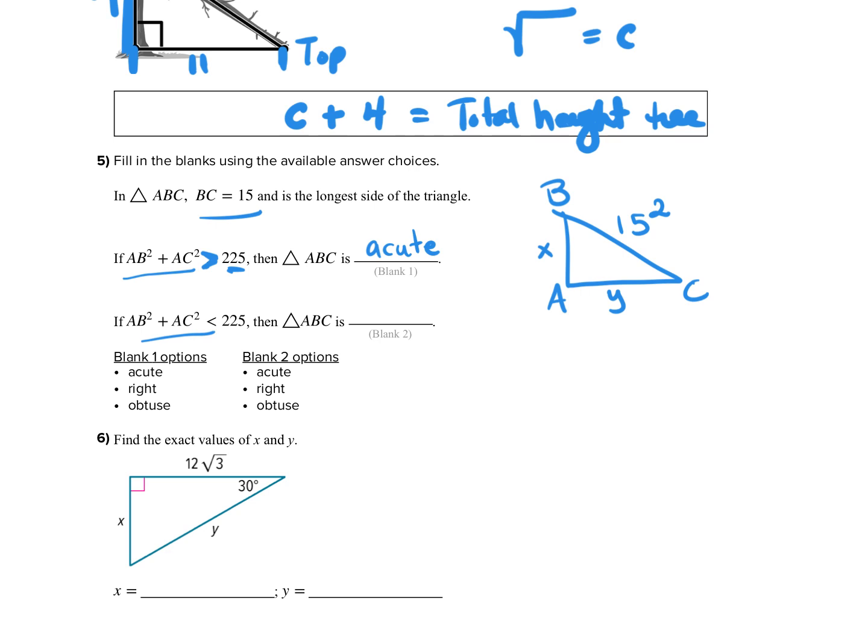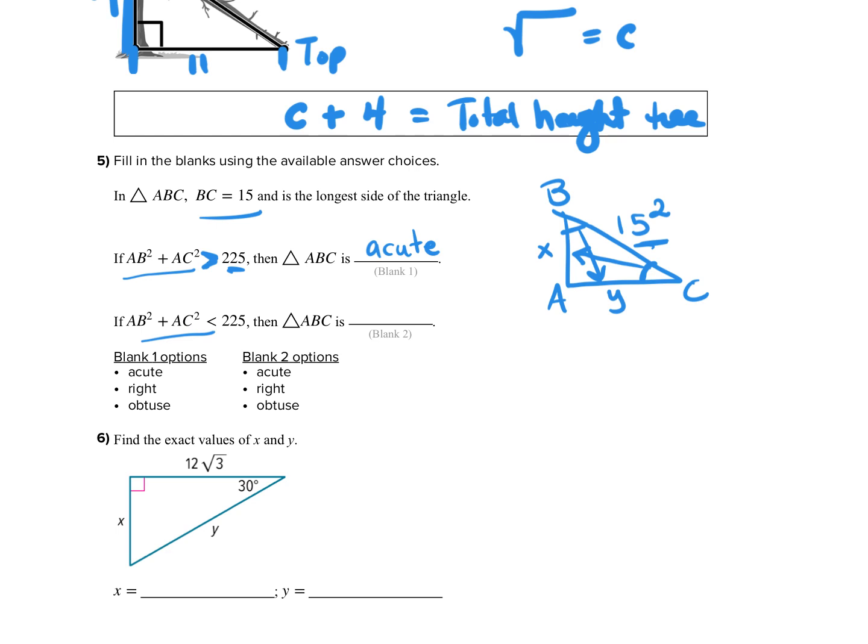Okay, so if my two legs, which I labeled X and Y here, if I square them, and if that's greater than that 15 squared, that means this angle C is opposite X, angle B is opposite side Y. Okay, so if the lengths are greater, that means the angles are smaller.